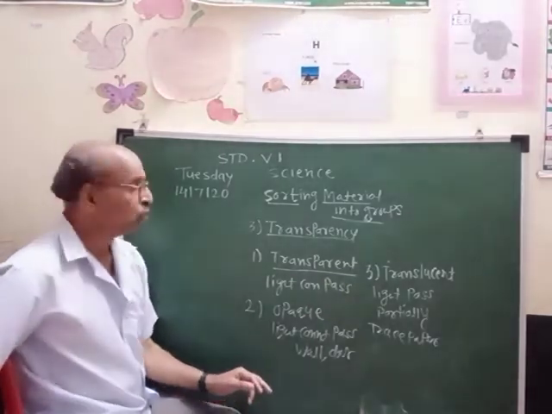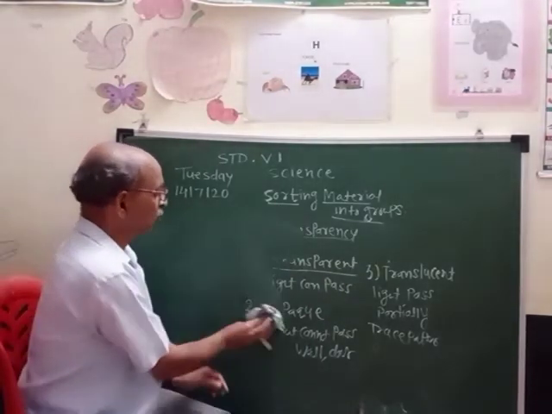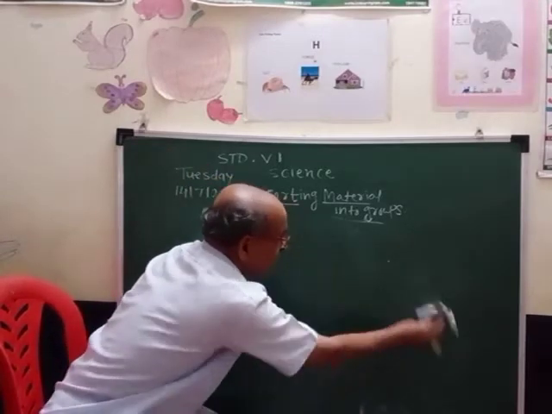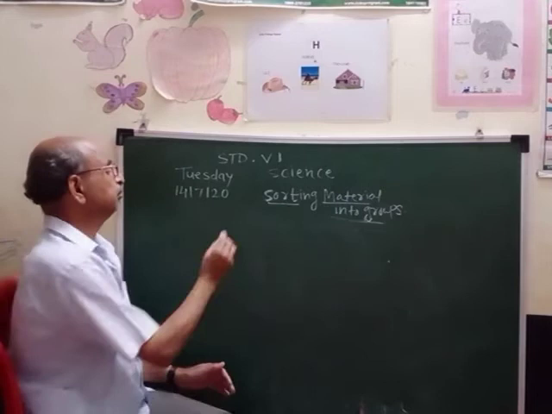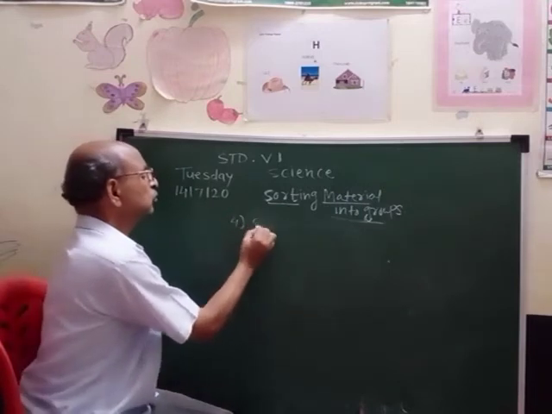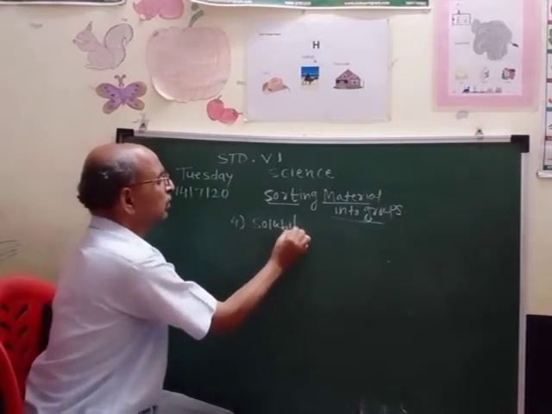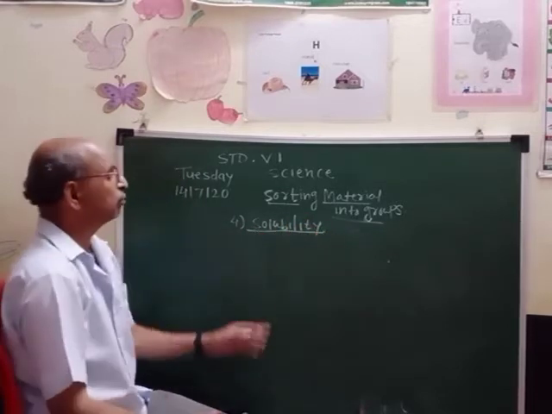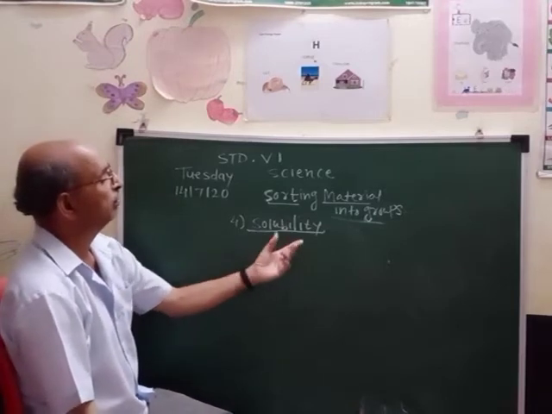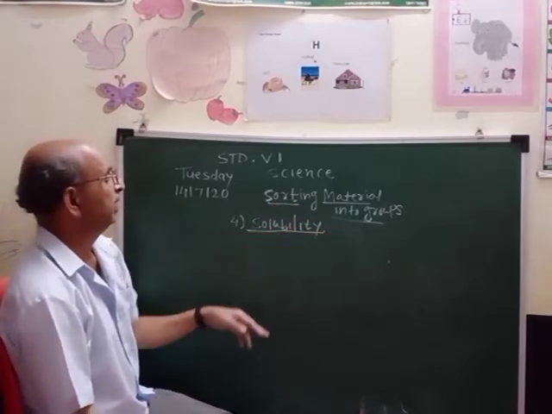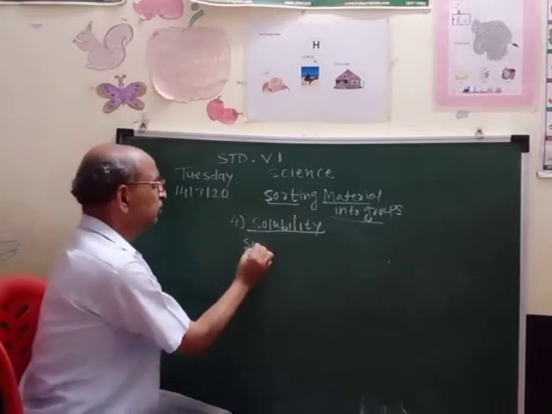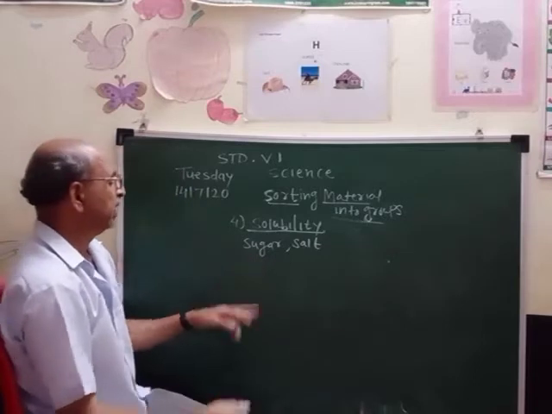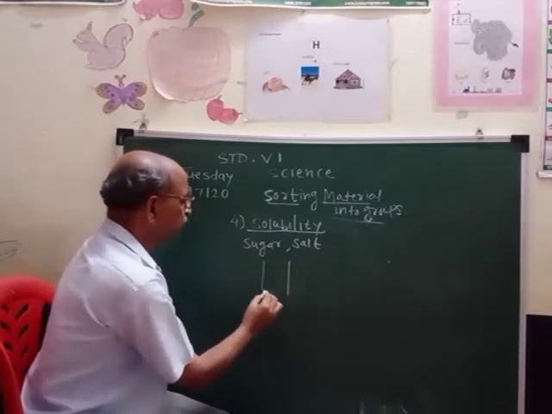Now we see the next property on which we can group or sort the material or objects. This is the fourth, that is solubility. Solubility is the next property on which we can sort objects. Now you know sugar and salt.